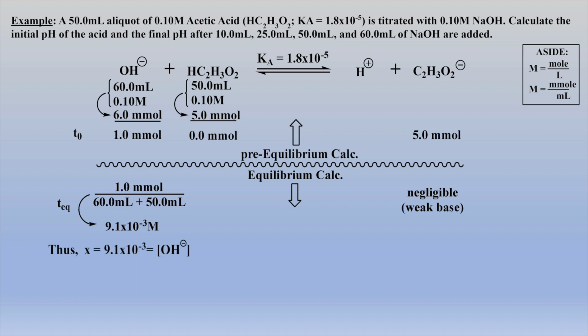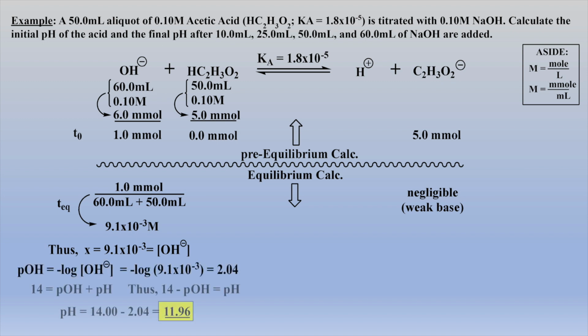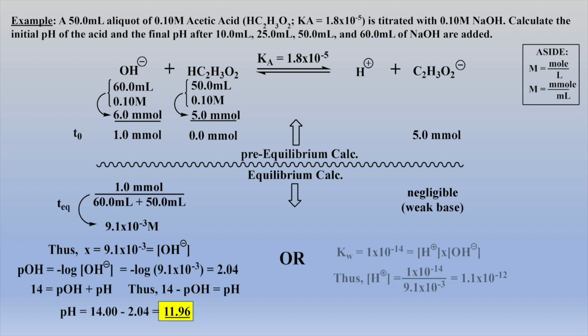However, the concentration of hydroxides produced within the equilibrium of acetate and water will be negligible when compared to the 9.1 times 10 to the minus 3 molar hydroxide present. At this point, the pH can be calculated one of two ways, which were demonstrated within the previous calculation, starting from the concentration of hydroxide.